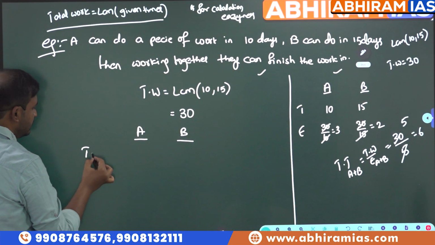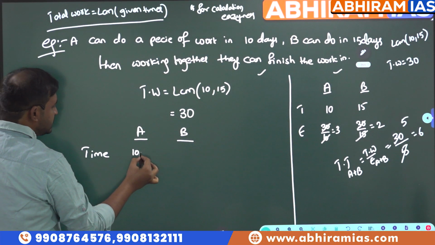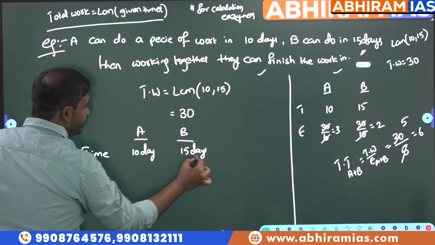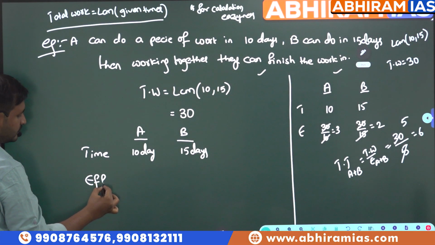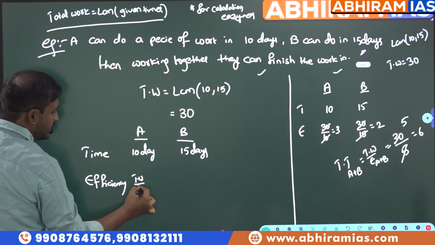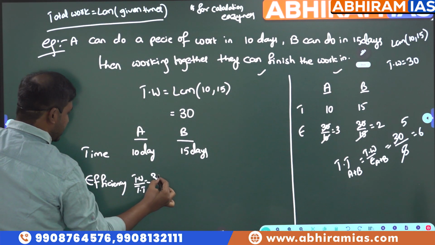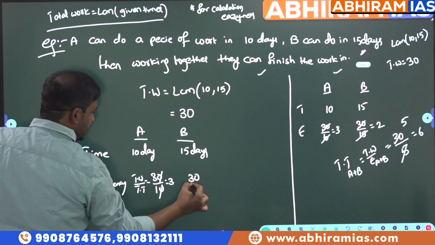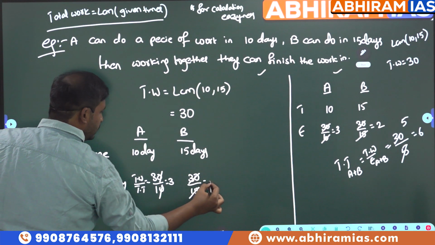A, B, first example. Write it clearly. Time: A 10 days, B 15 days. Efficiency: total work by time taken, that is 30 by 10, which is equal to 3. 30 by 15 is equal to 2.